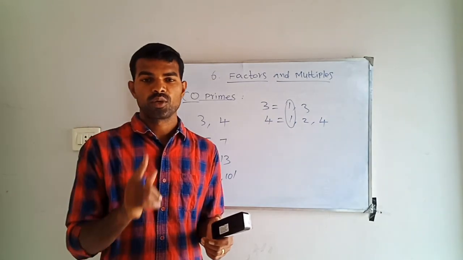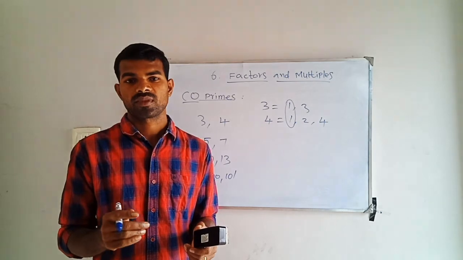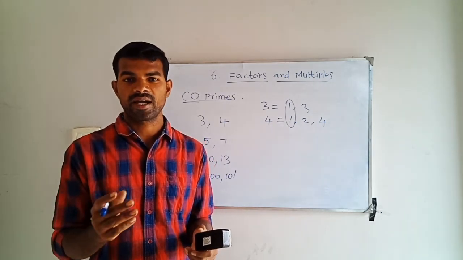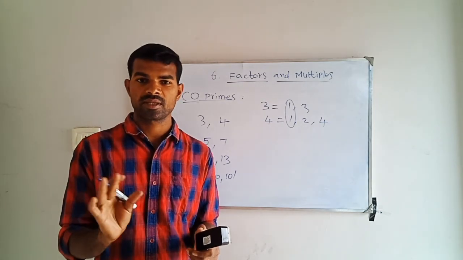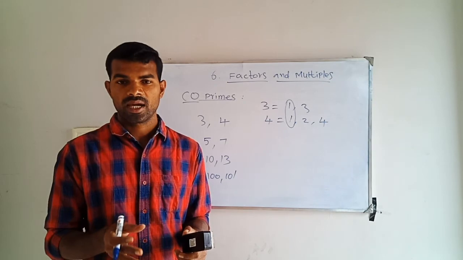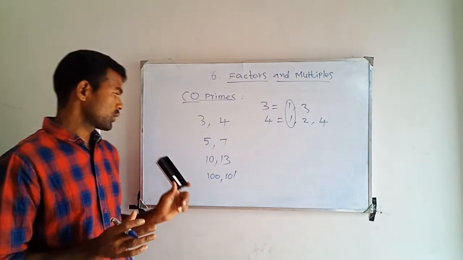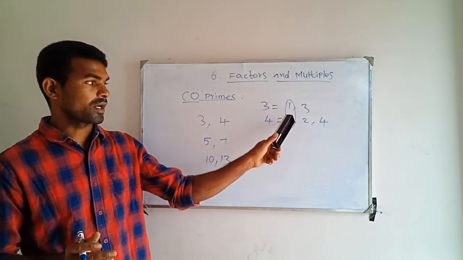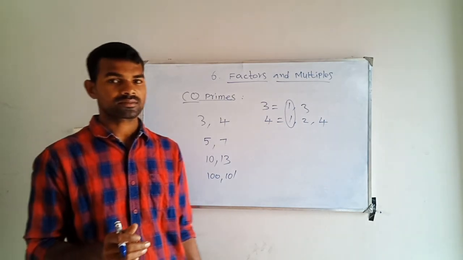Twin primes are two prime numbers that differ by only 2, like 5 and 7, with 6 in the middle. And last we saw co-primes. Co-primes are two numbers whose common factor is 1.